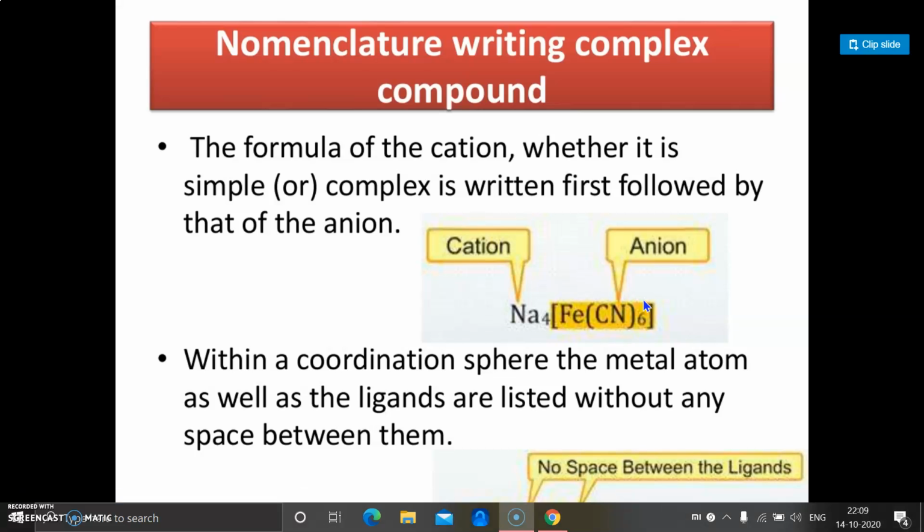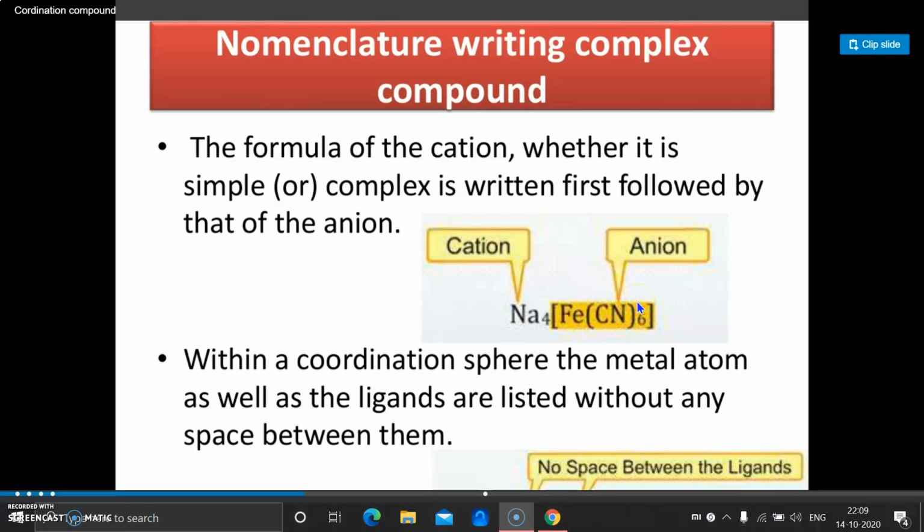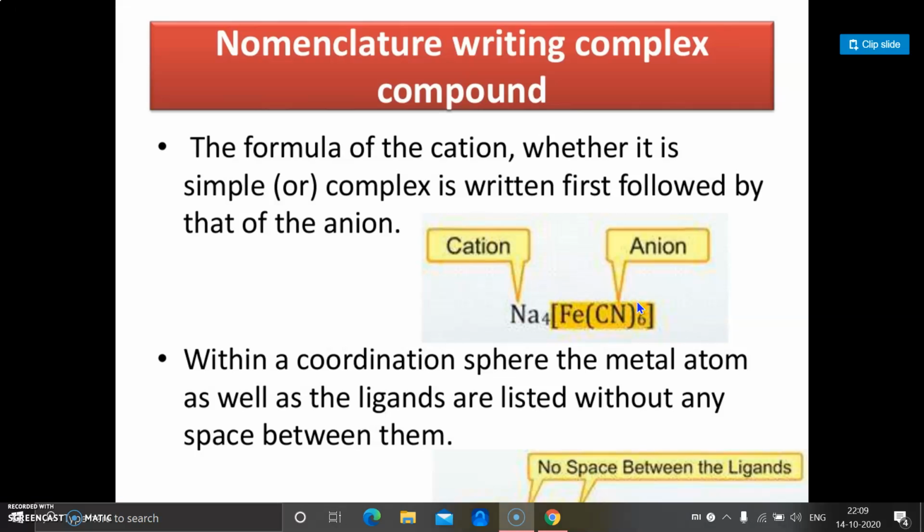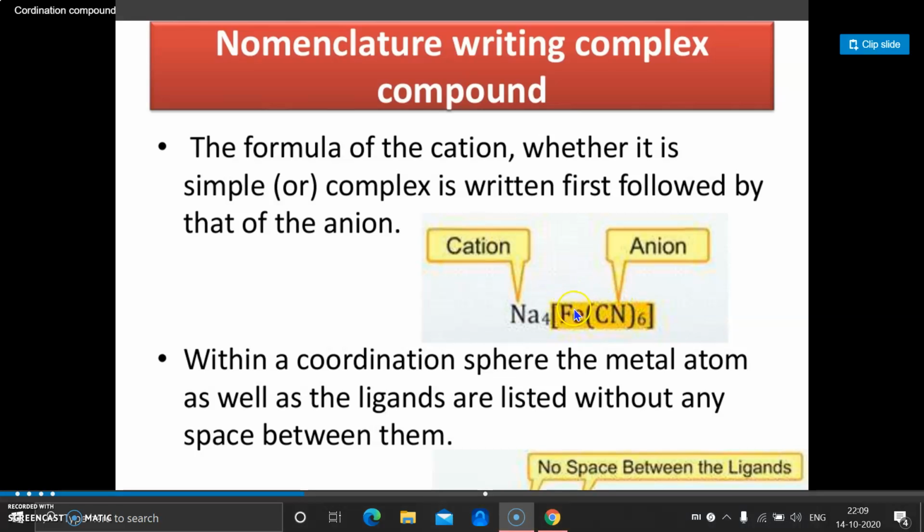For example, a complex containing one cobalt ion and chlorine, bromine, iodine and 3 moles of ammonia as ligand will be represented by the formula writing first cobalt, then bromine, then chlorine, then iodine, and inside the bracket 3 moles of ammonia.